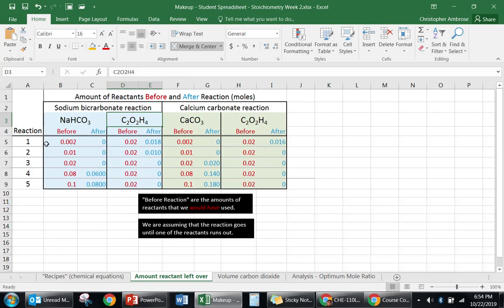So for this reaction here, you can see that you're starting with 0.002 moles of that, you're starting with 0.02 moles of acetic acid, and then after the reaction goes, we have no more sodium bicarbonate left, and we have 0.018 moles of the acetic acid here. This process is repeated for the calcium carbonate reaction here.